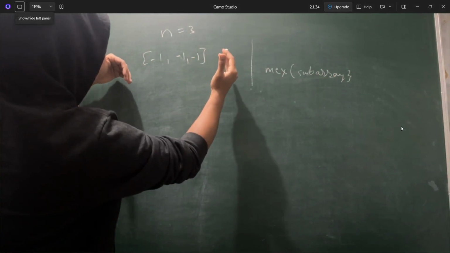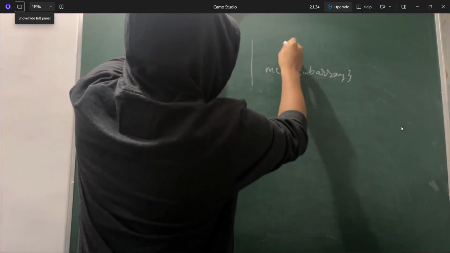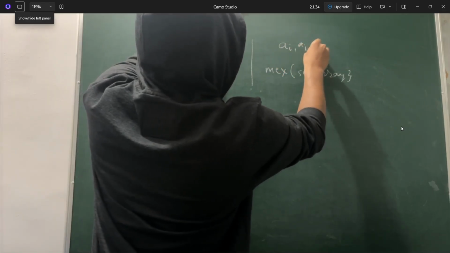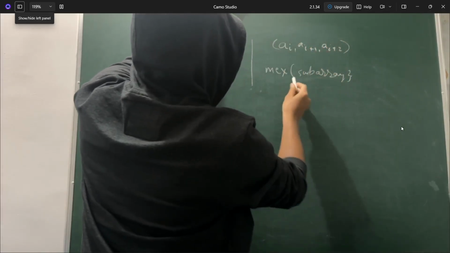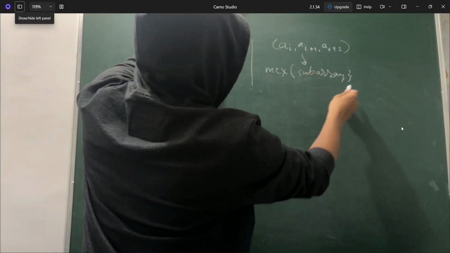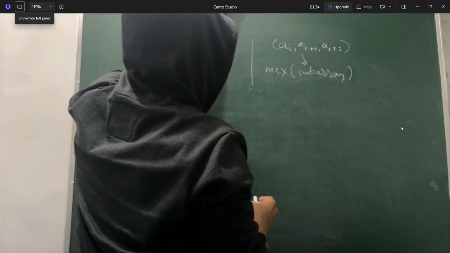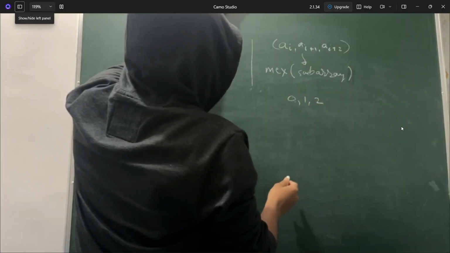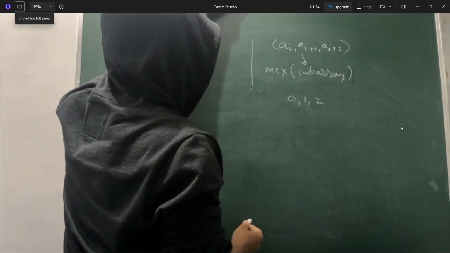Even if it has more elements, we will take only three elements, because they have given a of i, i plus 1 and i plus 2. So this indicates 3 elements. Let's say these elements are 0, 1, 2. These are non-negative elements, right?